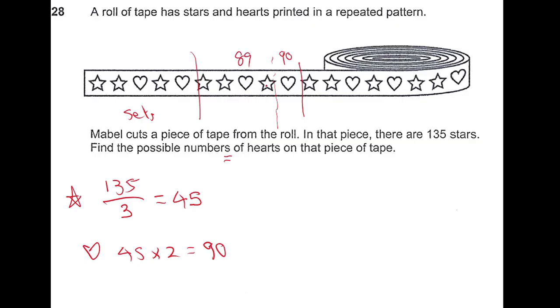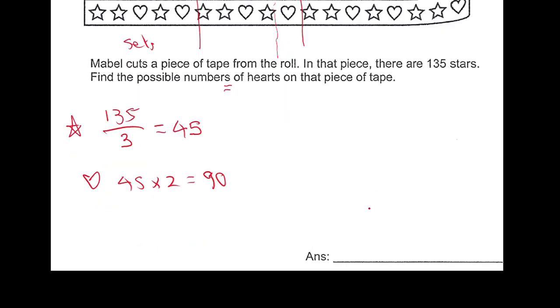Either way it still gives me 135 stars, but there is a difference between 89 hearts and 90 hearts. That's why the question says possible numbers. It already gives you a hint that there are two answers. So in this case, the answer is 89 or 90.